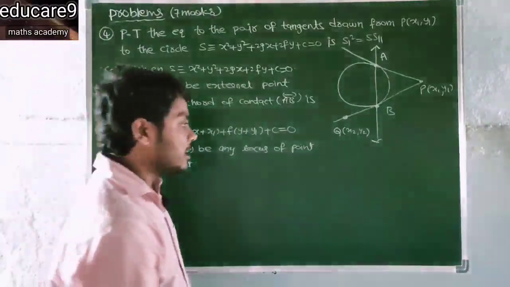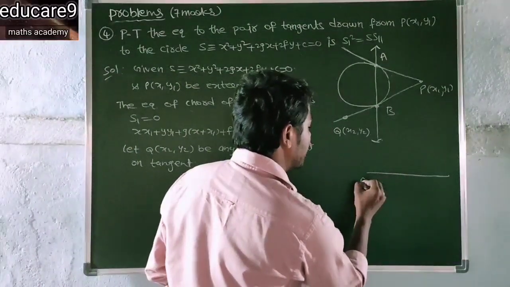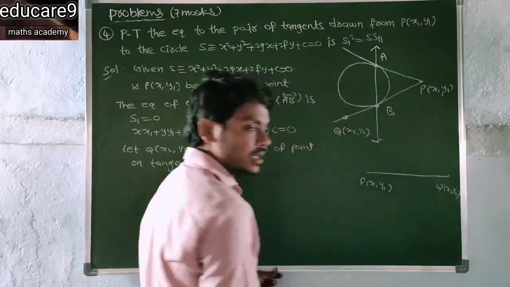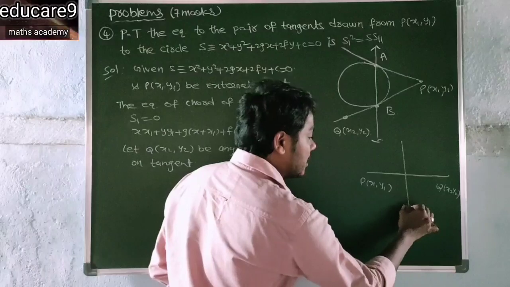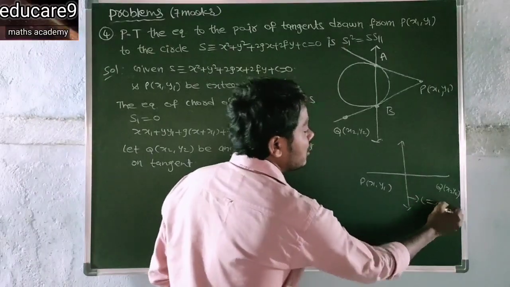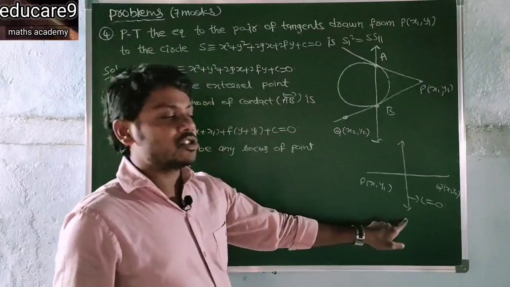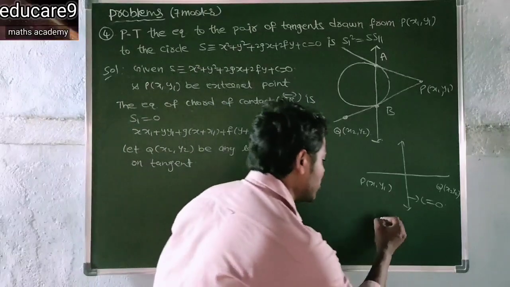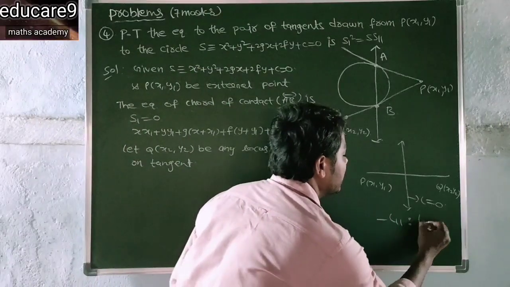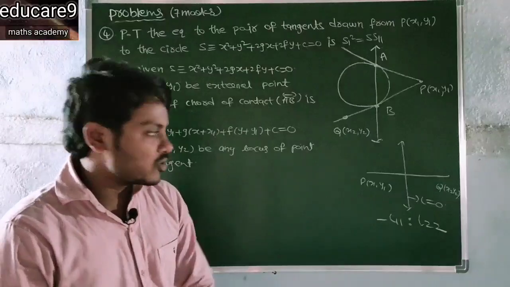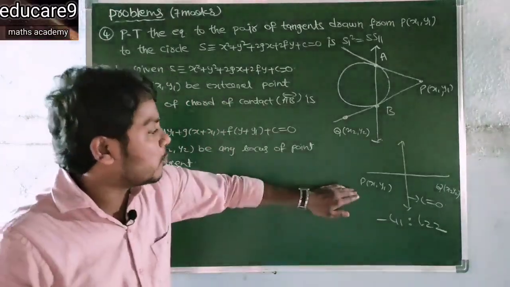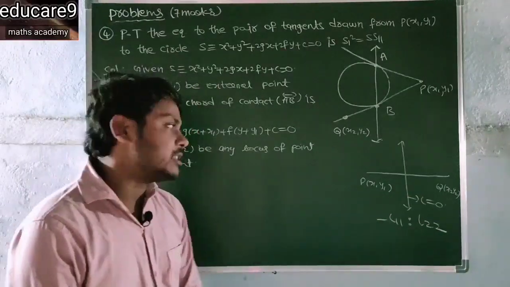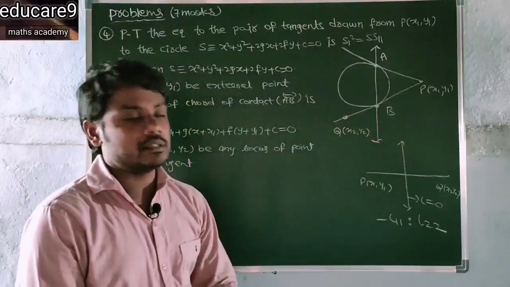So suppose this is the line segment P(x1, y1) and Q(x2, y2). So clearly this line is L equals 0. So you know that line L equals 0 divides PQ line segment in the ratio minus L11 is to L22. What is L11? L11 means the point P substituted in the given line, and L22 means the point Q substituted in the given line.